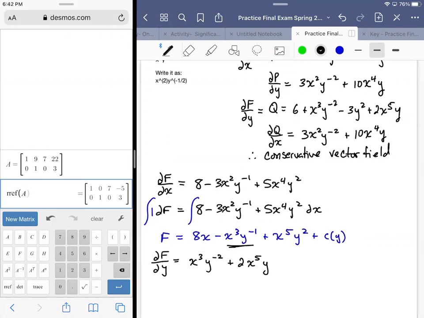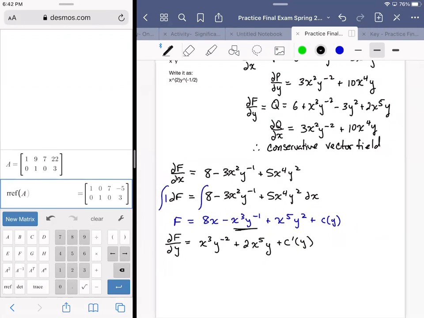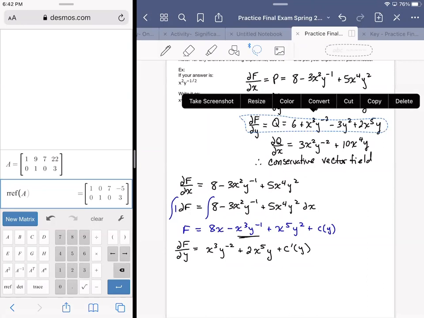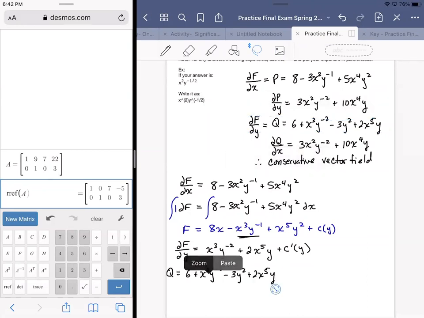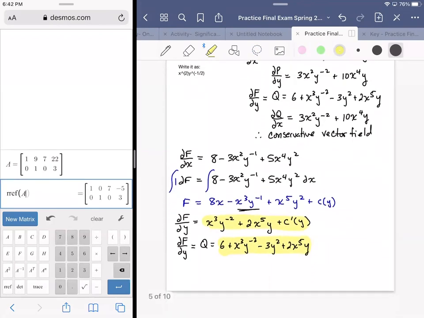And then we have the c prime of y. Since we know the first order partial with respect to y is q, I'll take this whole thing down here. We have an equality relationship. I can set these two equal to each other and use that to solve for c prime of y.